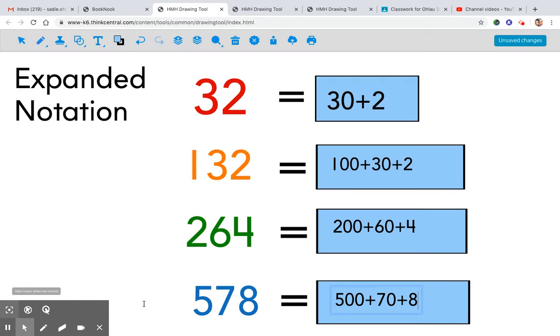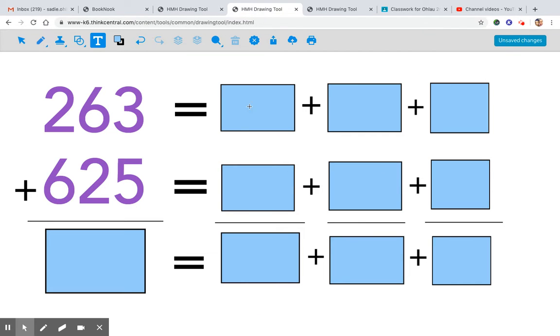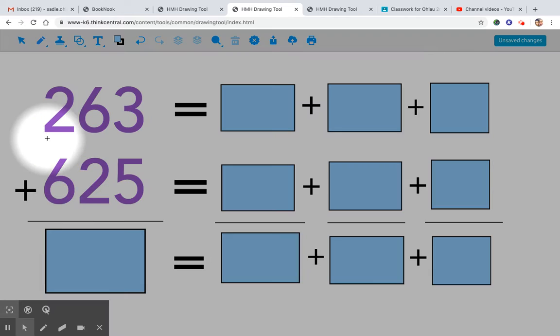Okay, now we're going to do a couple problems. The first one looks like this, 263 plus 625. First thing we're going to do is break up these numbers. We're going to write 263 in expanded notation here and 625 in expanded notation here. So with 263, I have a 2 in my hundreds place.